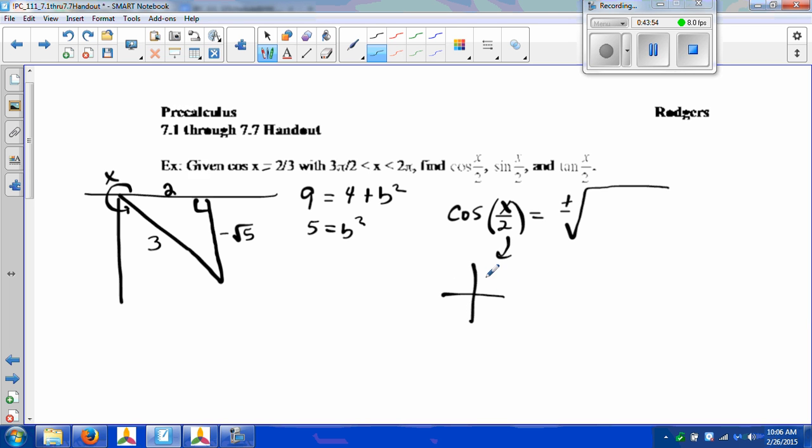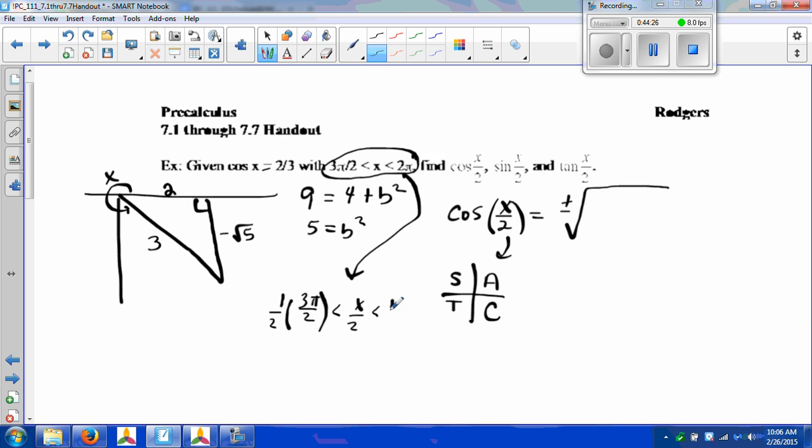As you've seen multiple times, just because an angle is in quadrant 4, the half angle doesn't have to be in quadrant 2 or something like that. You have to figure it out. If you take this and half it, that is half of 2 pi, that is x over 2.